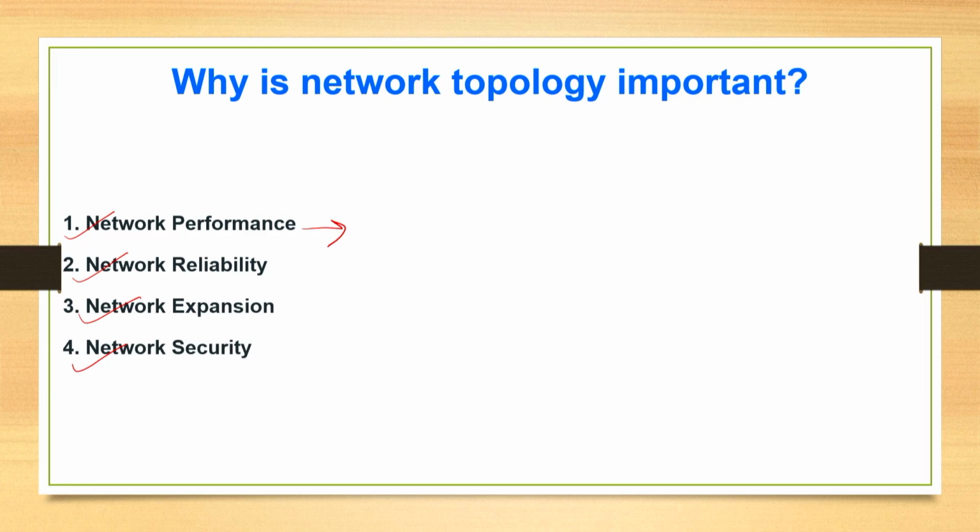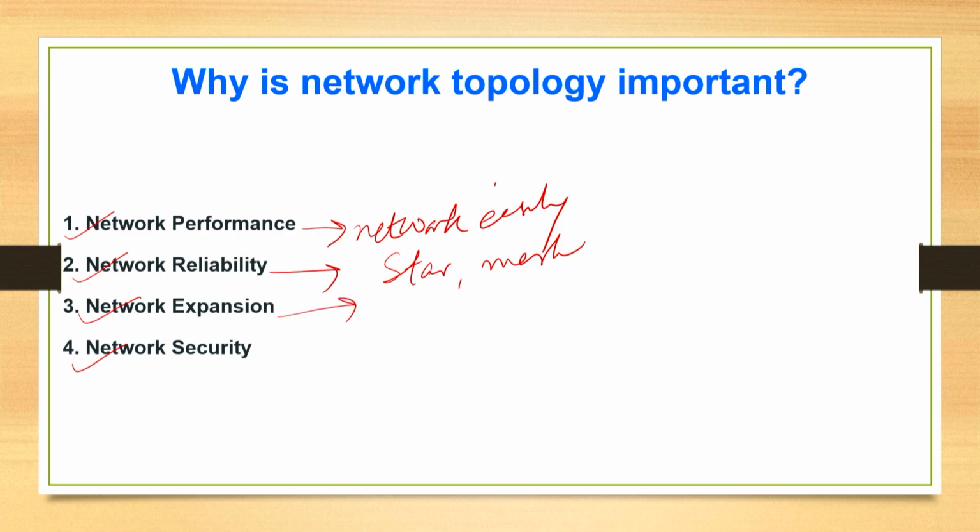It helps in running a network easily and hence increases the network performance. Network reliability, what does it mean? Some topologies, such as star or mesh, are reliable. Reliable in the sense that if one connection fails, they provide alternate connections.